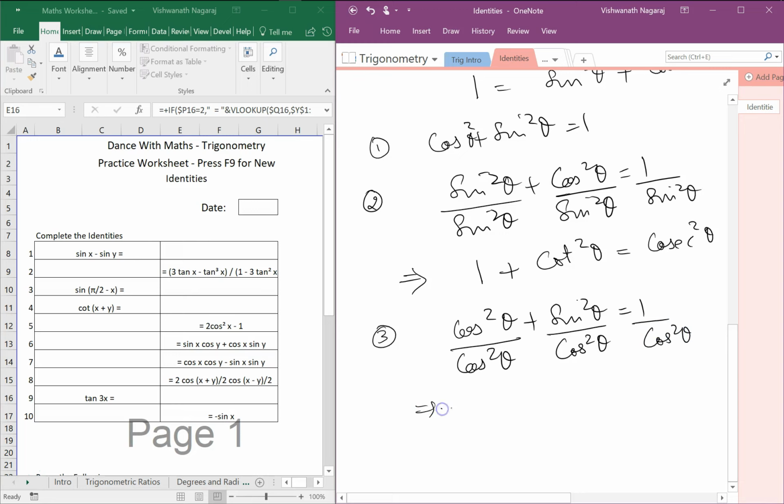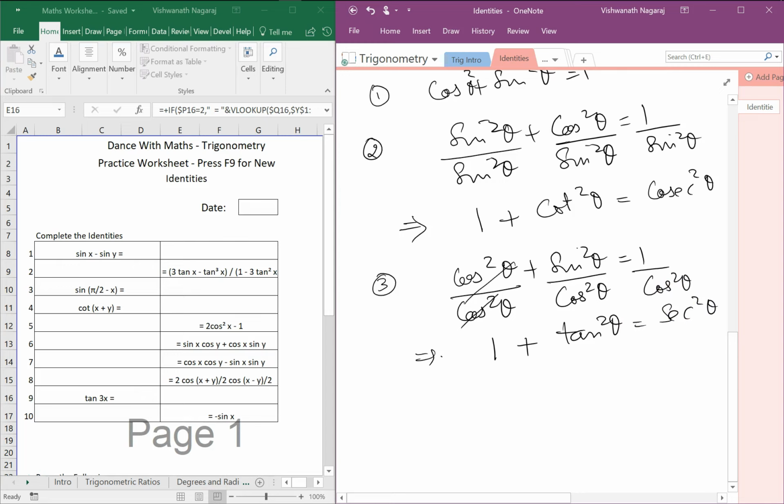What do you end up with? This becomes 1 plus tan square theta equal to 1 by cos square theta, which is sec square theta. Again, you can take tan square theta to the other side, so you'll end up with sec square theta minus tan square theta equal to 1.